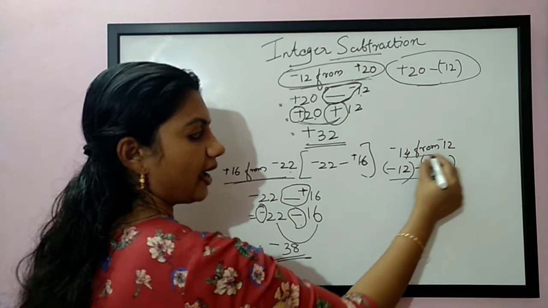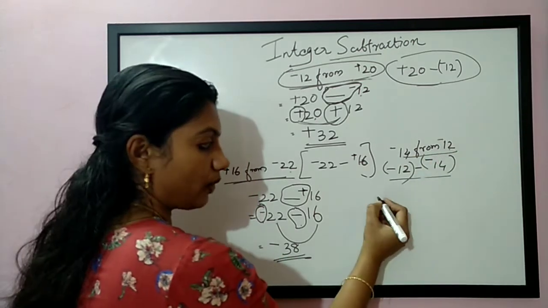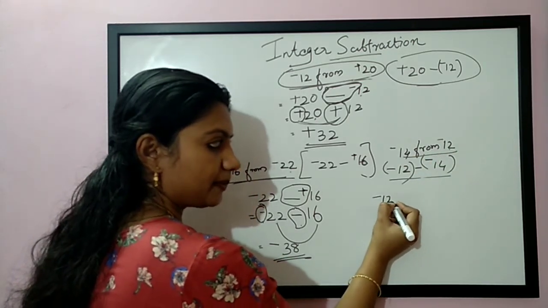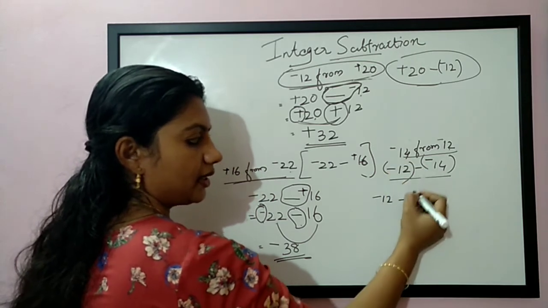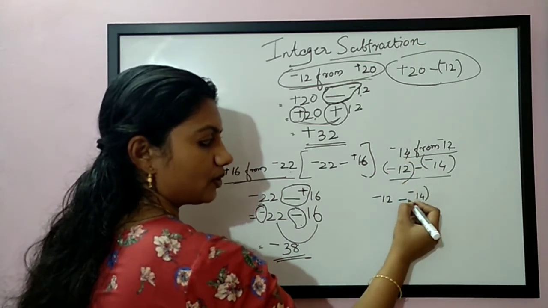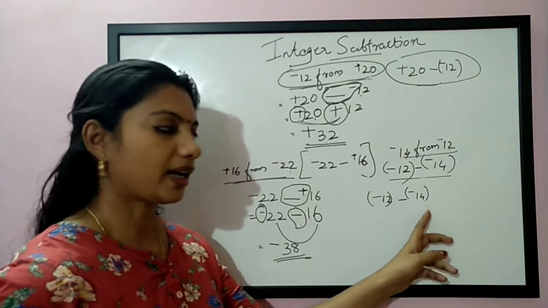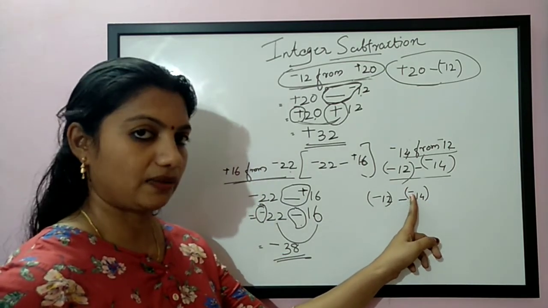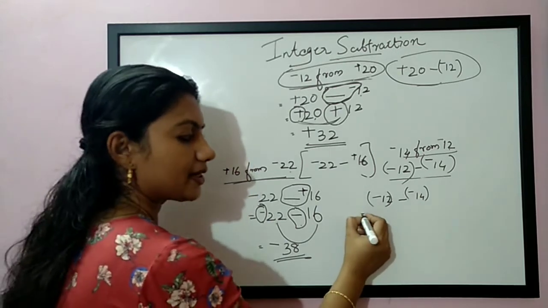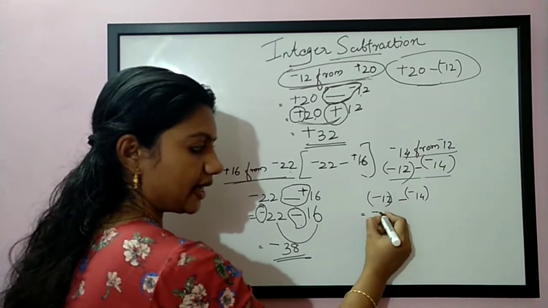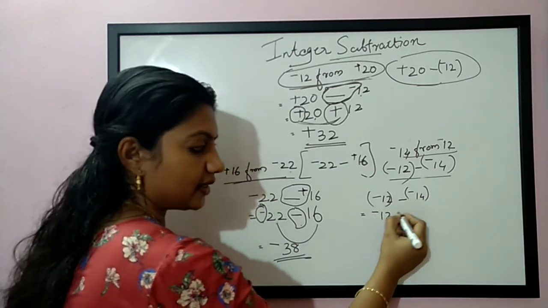So I have to write negative 12 first, minus negative 14. As both the numbers are negative, just put a bracket so that you don't forget there is a negative symbol here. This is equal to negative 12, you write as it is.